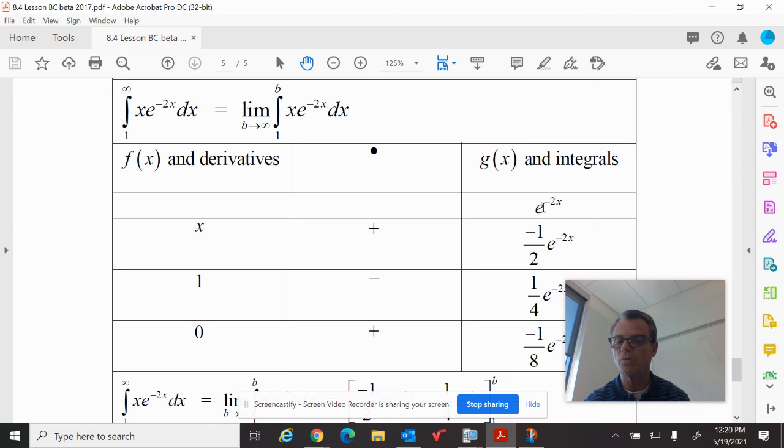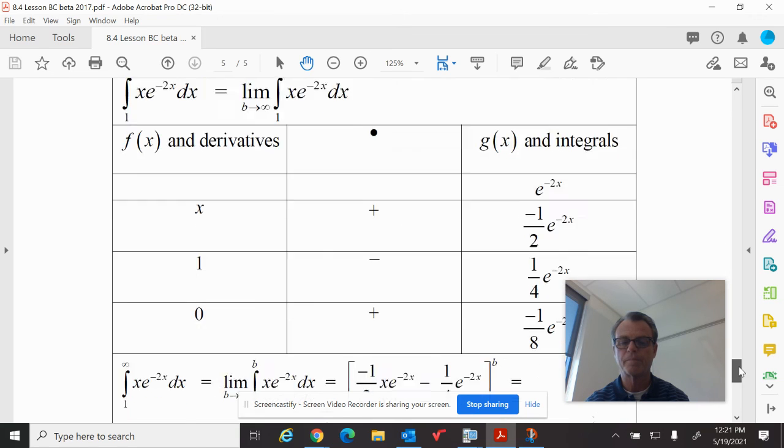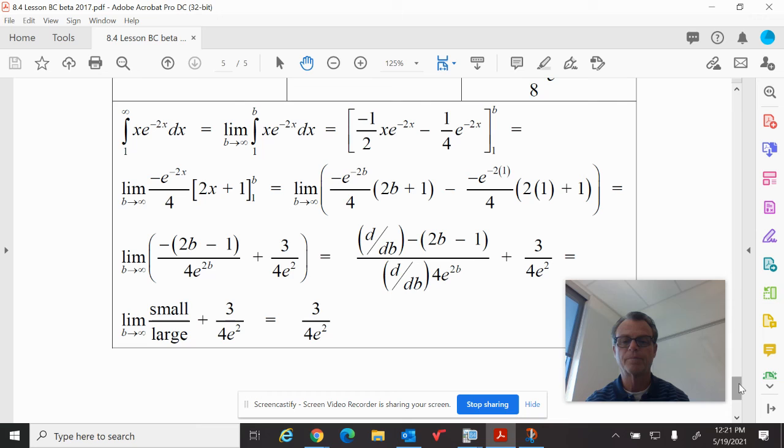So this is e to the u. So in order to get this, you want this to differentiate there. So the derivative of itself would be e to the negative 2x times a negative 2. So that negative 2, you don't see it up here, so that must have had a negative 1/2 out front in order for that to give you the 1. And you just repeat that on those two steps.